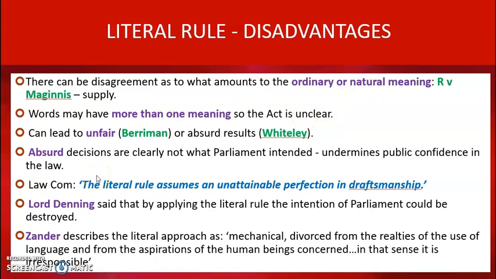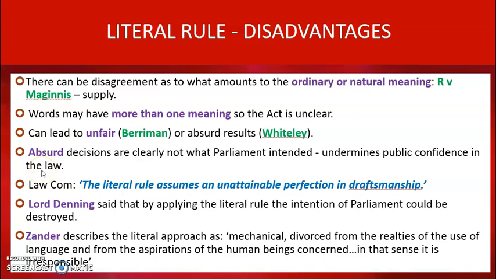And of course, by using some case examples, you can talk about the fact that it can lead to unfair and absurd results. Obviously, Parliament didn't intend the outcome in Whiteley, and the decision in Berryman was very unfair because the whole purpose of the Act was to try and help unfortunate widows like Mrs. Berryman.